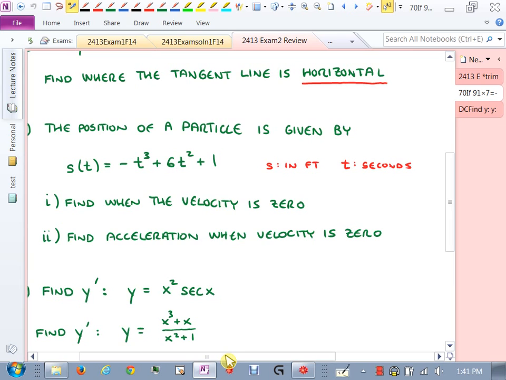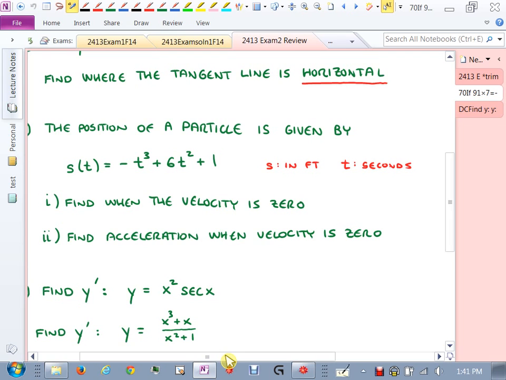All right, now this second question is a little tricky. Find the acceleration when the velocity was 0. That doesn't say set the acceleration equal to 0. It's not saying when is the acceleration 0. It's saying what is the acceleration when the velocity was 0.